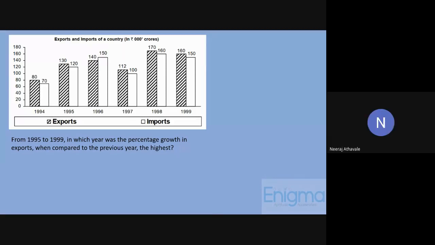Okay, let's see. Now, what would be the percentage growth for 95? What upon what multiplied by 100 आ जाएगा? 50%. 40 by 80 into 100.